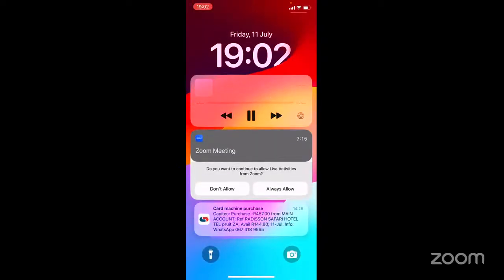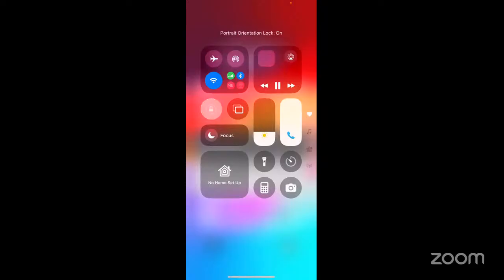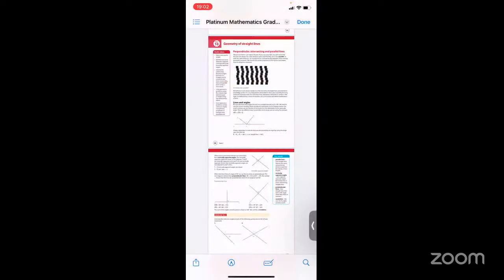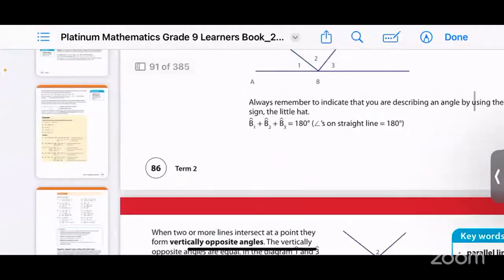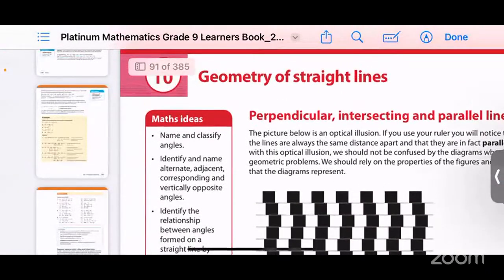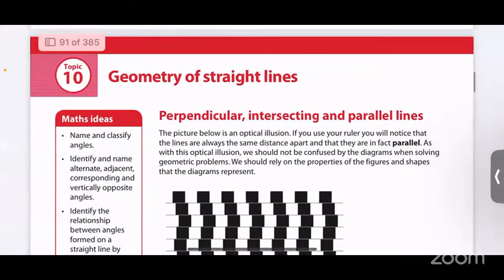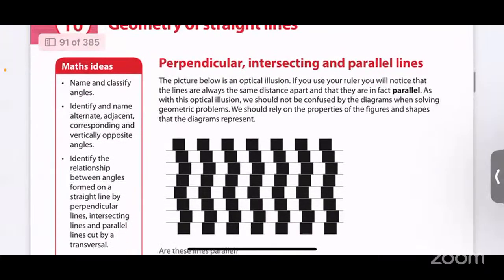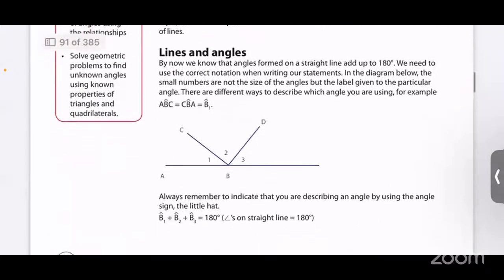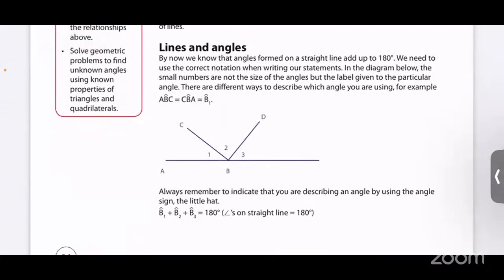So today, we are revising for the last time geometry of lines. Geometry of straight lines. This is the topic that you are going to do when you reopen. So we are focusing on perpendicular, intersecting, and parallel lines. Lines and angles. By now, we know that angles on a straight line add up to 180.